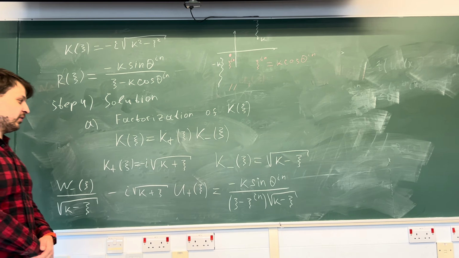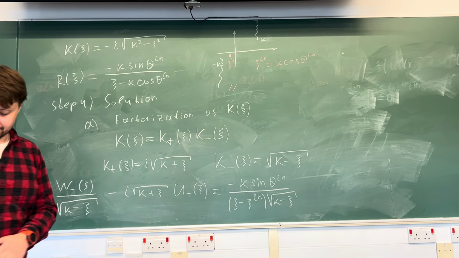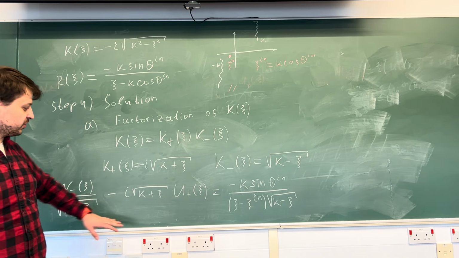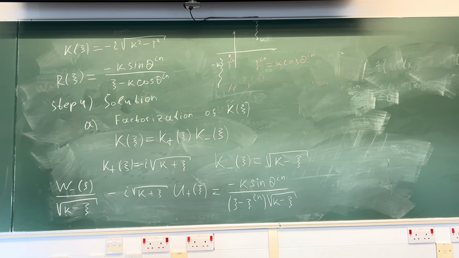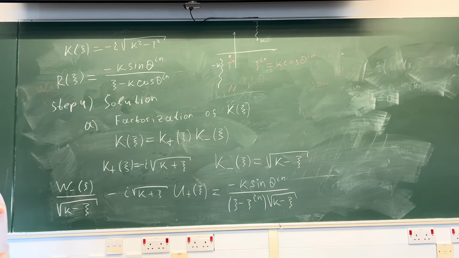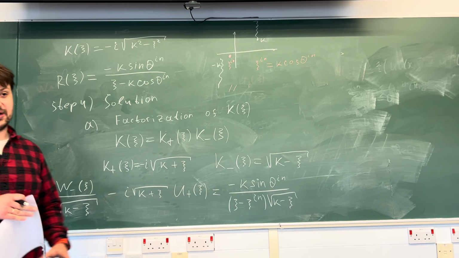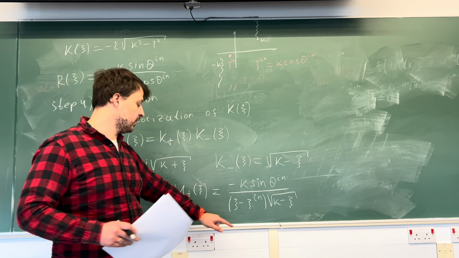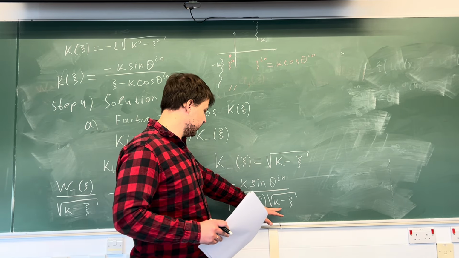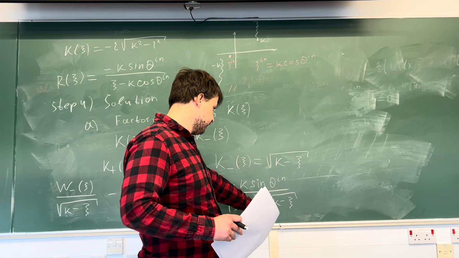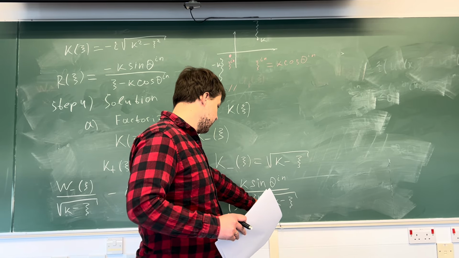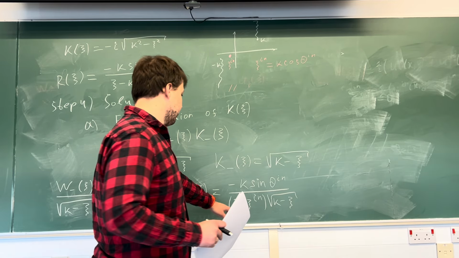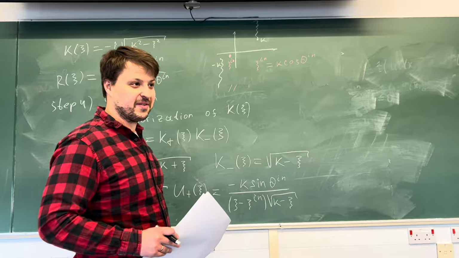We will do some pole removal. But here there are no zeros, we can just divide, no problems at all. And this function is analytic in the upper half plane. But this term is analytic in the lower half plane, while this term is analytic in the upper half plane.